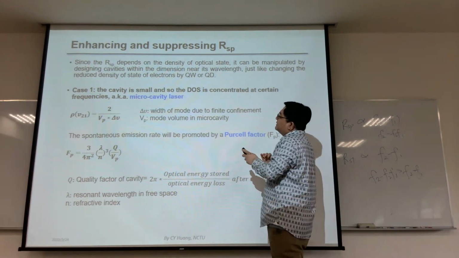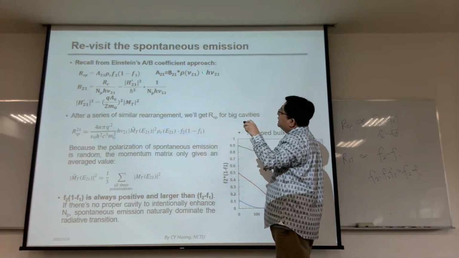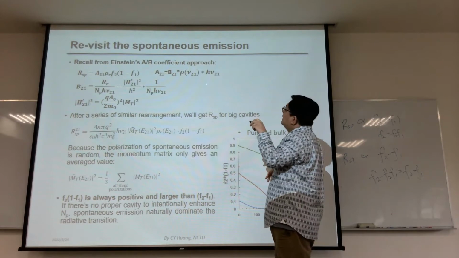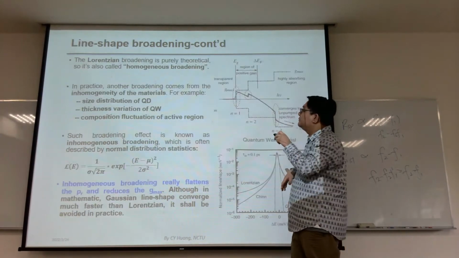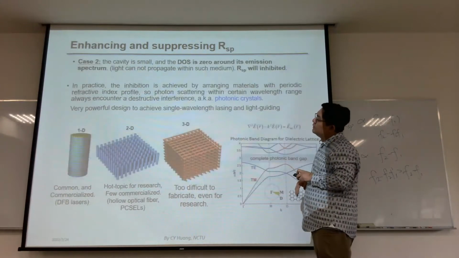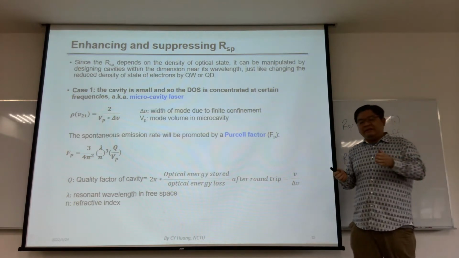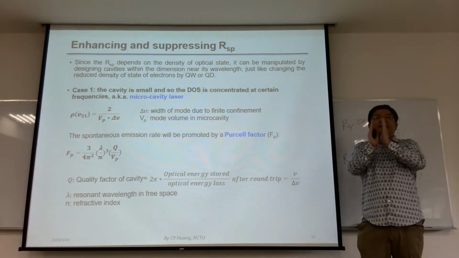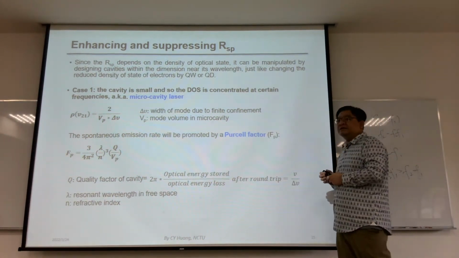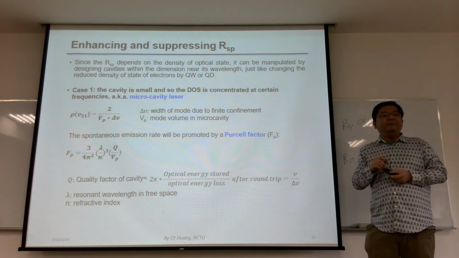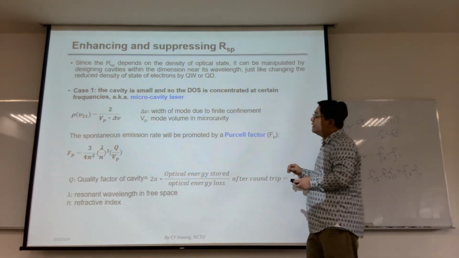Since we see that the A21 is proportional to the mode density, this is the first thing we can manipulate here. For most cases, the cavity is large, and the mode density is very narrow. It's always one mode next to the other mode, so it's actually very difficult to manipulate your density of modes.